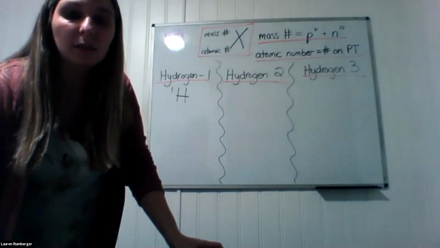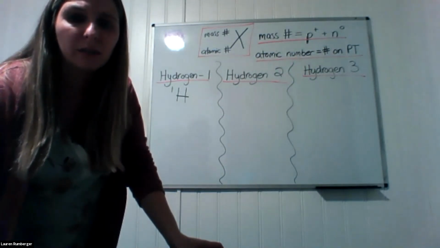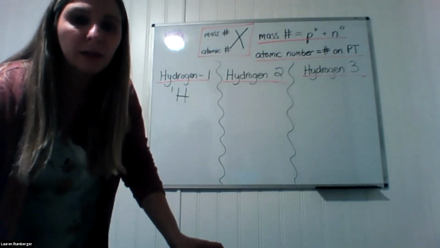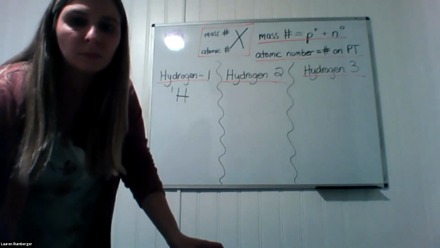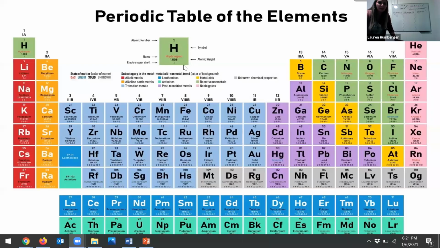So let's take a look here. I'm just going to share my screen for a moment of our periodic table. When we look at the symbols on each block in the periodic table, the symbol is always written in the center, and above the symbol is the atomic number.